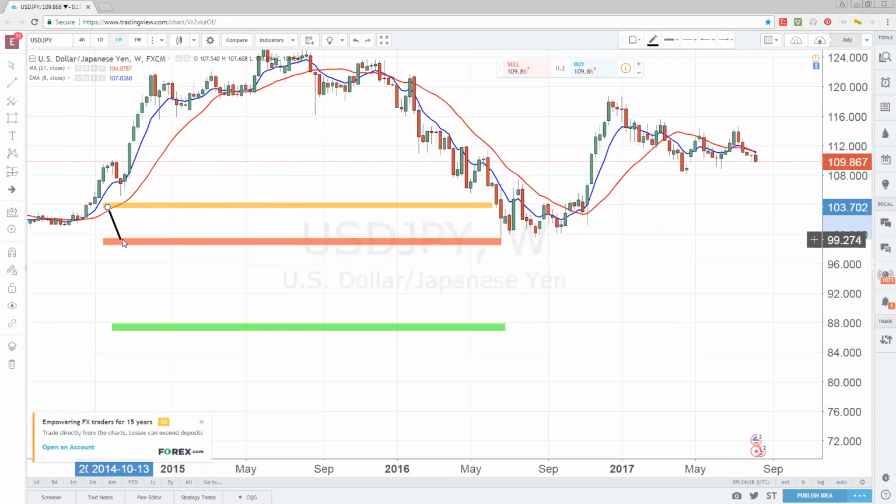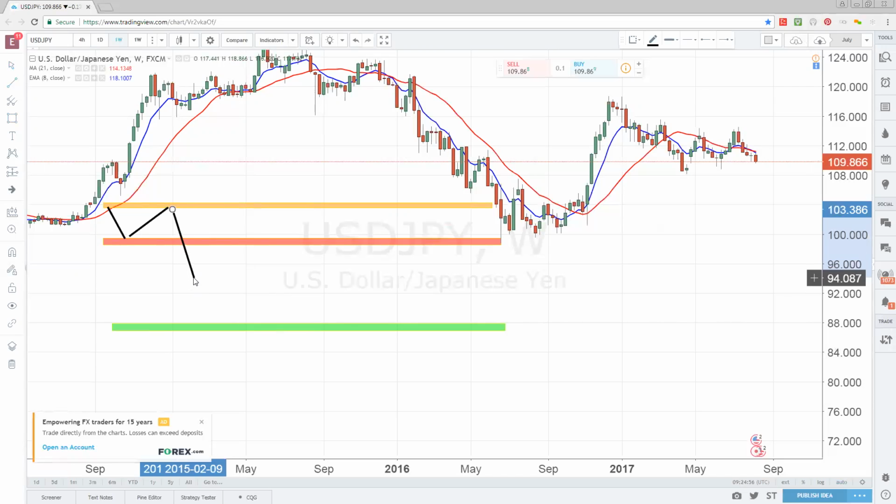Reach this level of support, broke through, came all the way down to here, right? Or let's just say market went like this. Stopped at this support here, bounced off the support, went all the way up, couldn't break through, went back down again, then broke through.